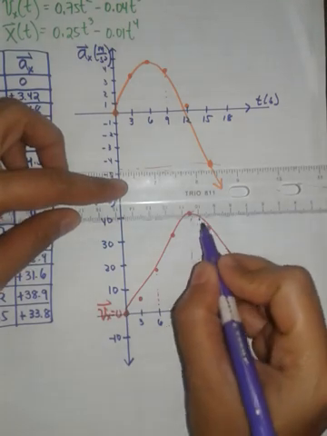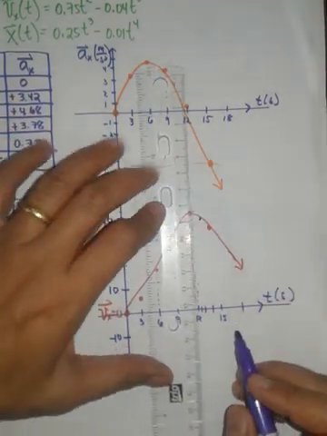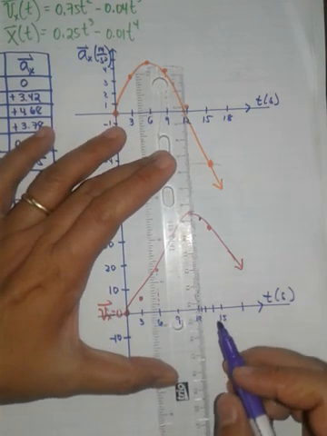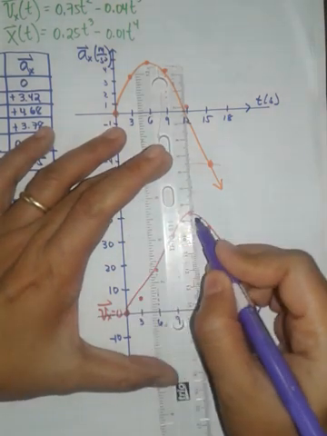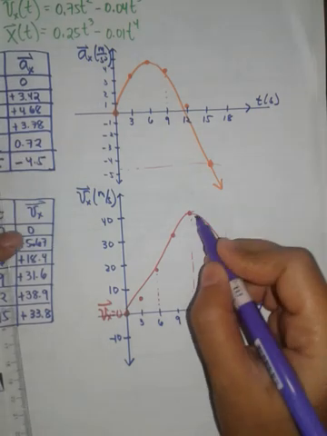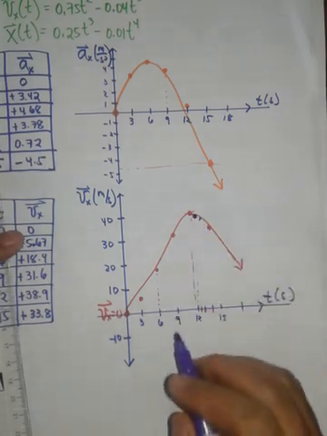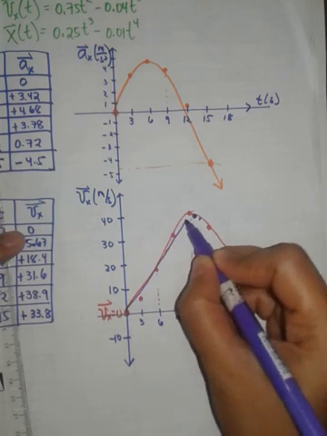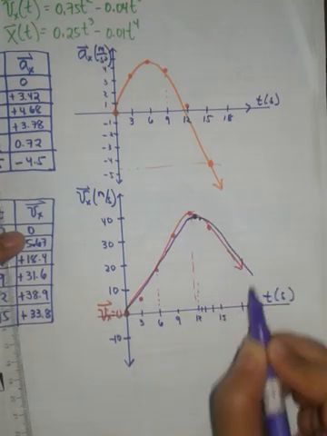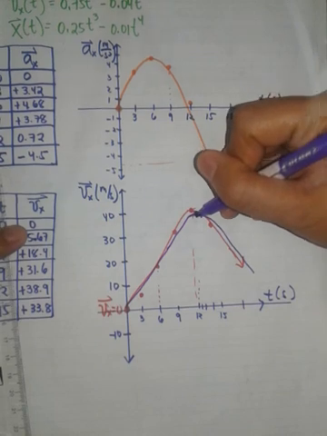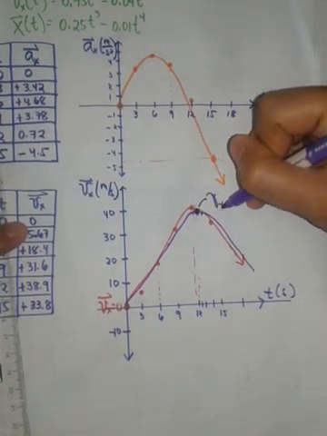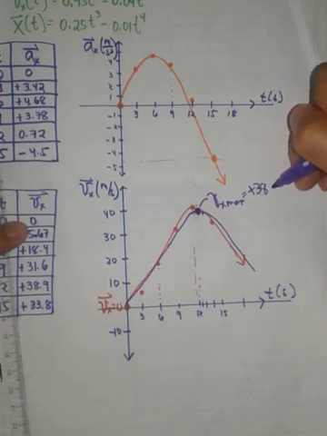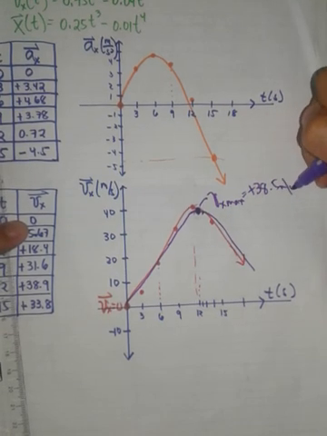There. And then, 12.5. So, ang graph natin dapat ganyan. Magpipeak siya dyan. Tapos, ganyan. Ito na yung Vx max natin, which is positive 38.5 meters per second.